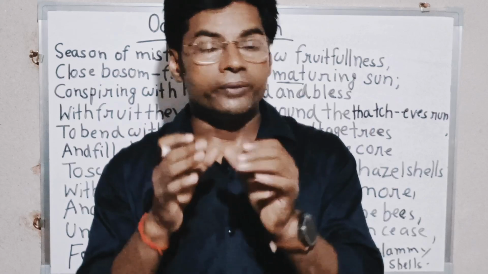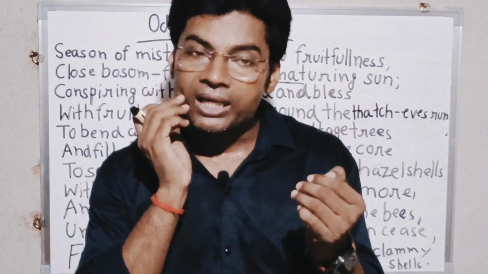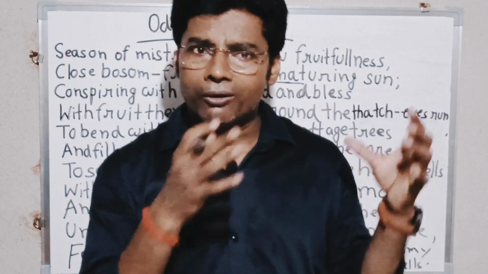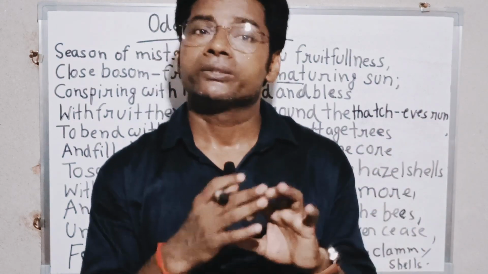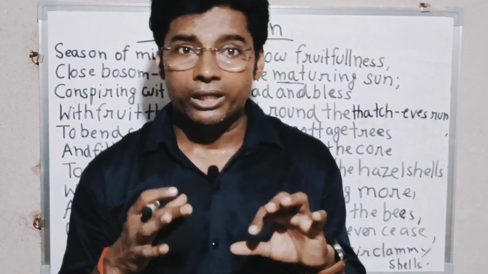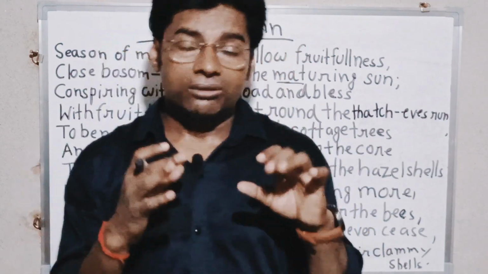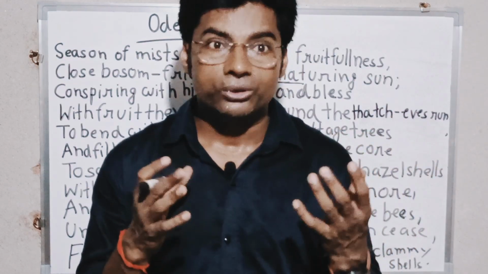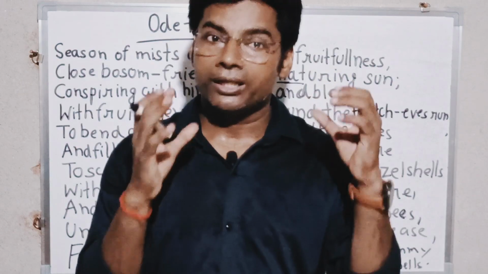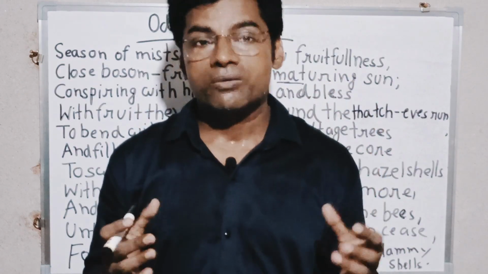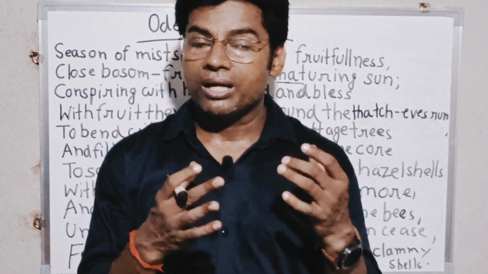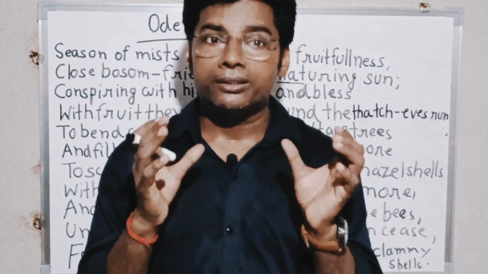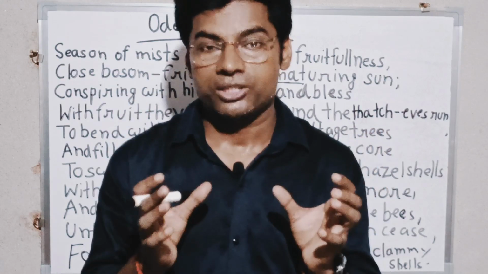Very soon the autumn will end, giving way to the winter, and winter will only come to destroy and cause decay to all those matured flowers and fruits. Because after blooming and gaining full maturity, what will happen to the flowers and the fruits which have gained their 100% maturity?